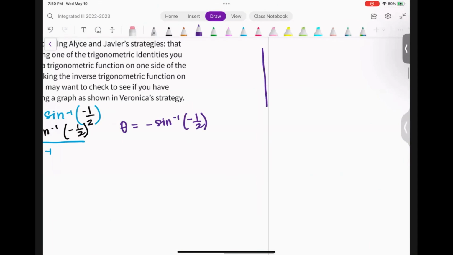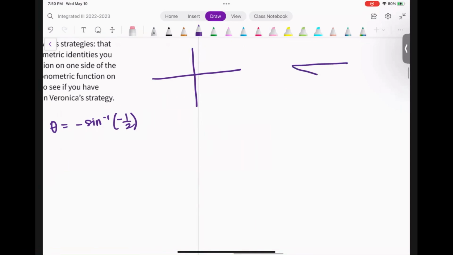So when I'm thinking about this, I'm thinking about my unit circle and graphing these, and I'm looking for where sine is equal to negative 1/2. You should already know that you're in a 30, 60, 90 triangle specifically because you have this triangle here and its opposite is 1 and its hypotenuse is 2.